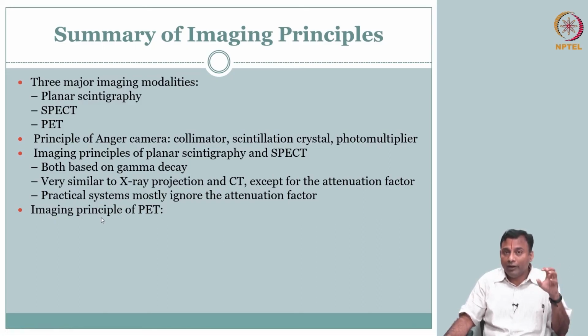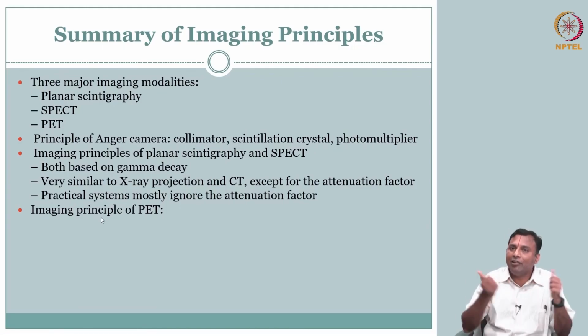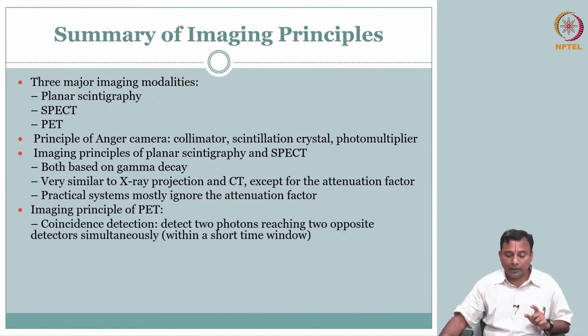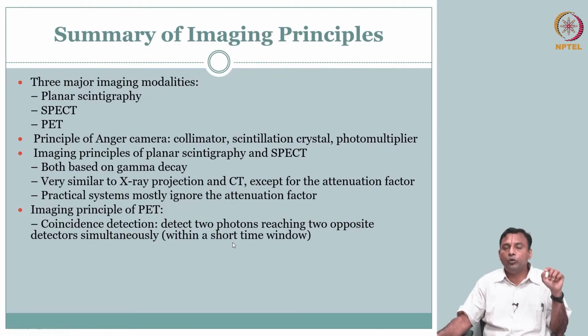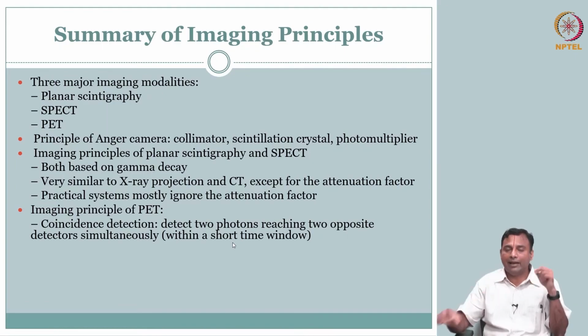Okay. Likewise in PET, the important aspect of the principle of PET is, here also you have gamma, but then the gamma is from a positron. It says positron emission tomography, but you are not catching the positron directly. This positron annihilates and gives a gamma at 511 kilo electron volt. So, you are catching the gamma ray at 511 kilo electron volt. When I say catching, you are catching 2 of them which are coincident. That is an important aspect that is different here, coincident detection. So, you have a threshold to say what is simultaneous, and that will allow you to differentiate the activity that you think is legitimately from the decay along the line connecting the detectors, from some random photon.